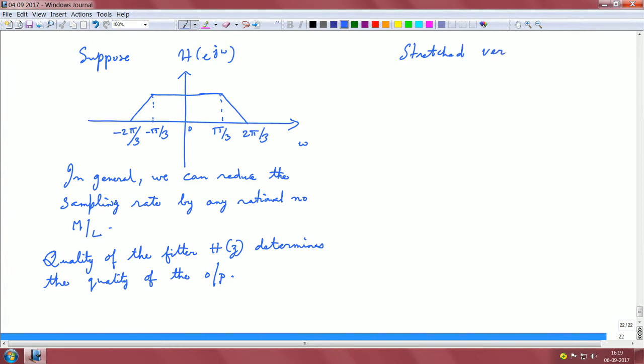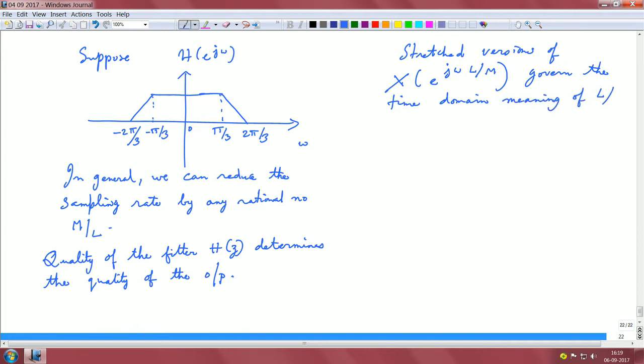And you can imagine that the stretched versions of the spectrum govern the time domain meaning of L upon m.